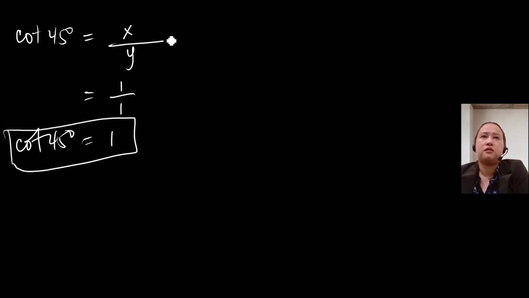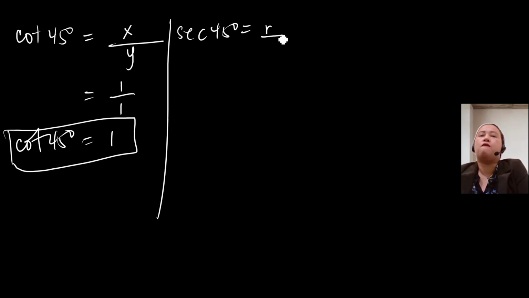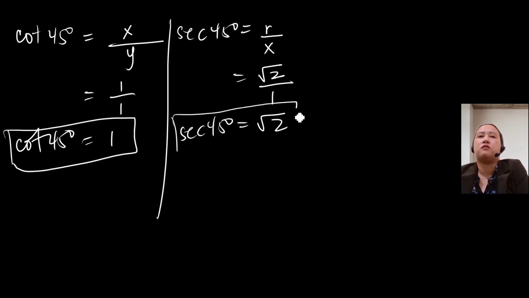Next we have secant 45 degrees, which is r over x. So we have r of square root of 2, x is 1. So we have square root of 2. That is secant of 45 degrees.